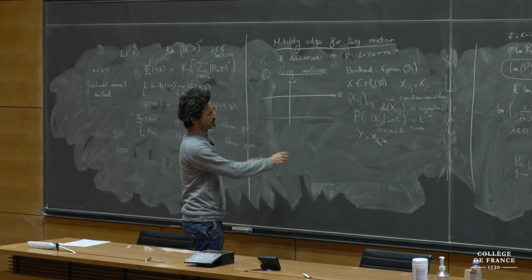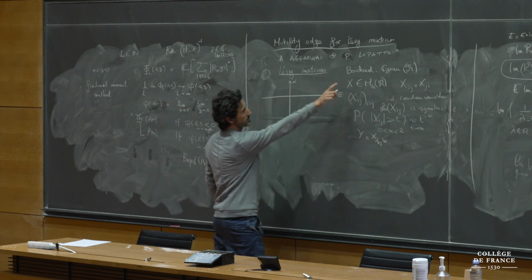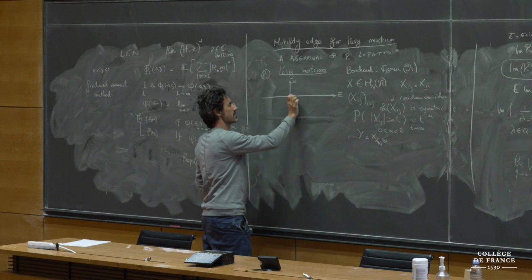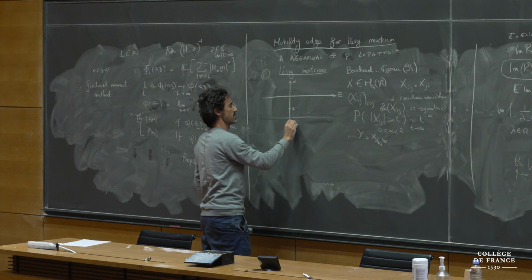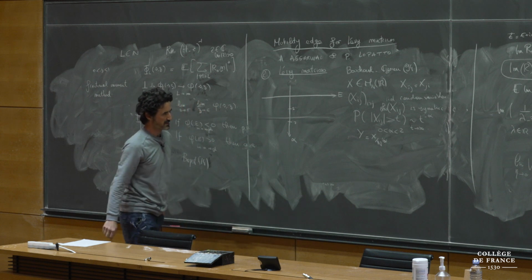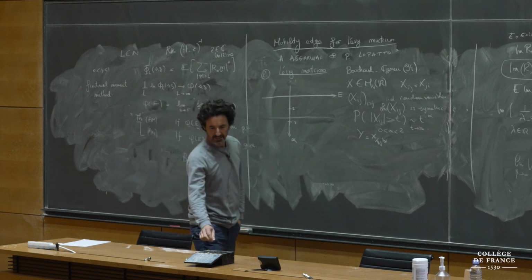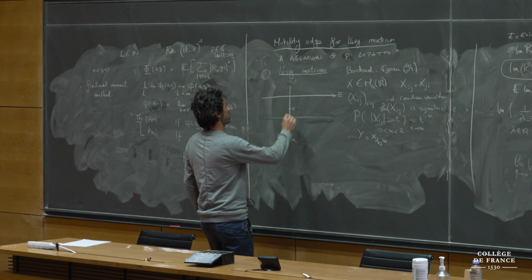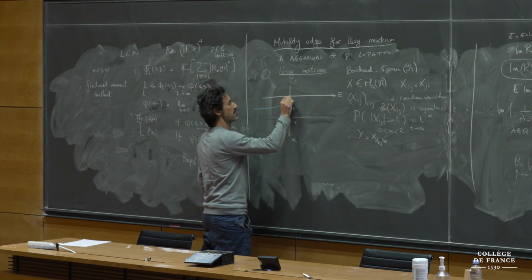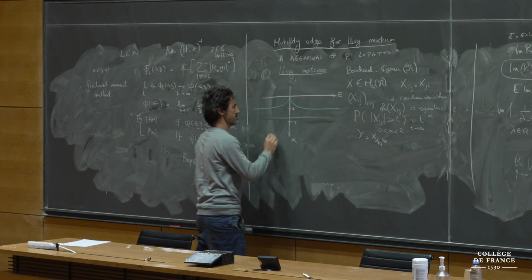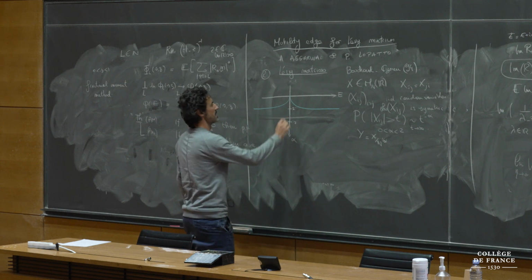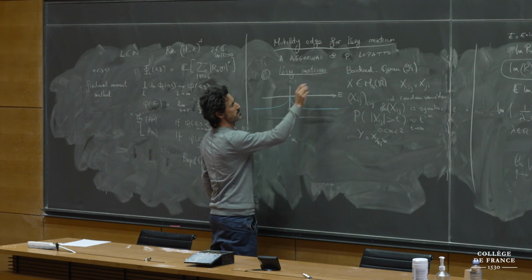Okay, so what you will see in this paper by Bouchaud and Cizeau is that you have alpha equal to 1 here. Sorry, I put alpha downwards. And you will find a curve like that.